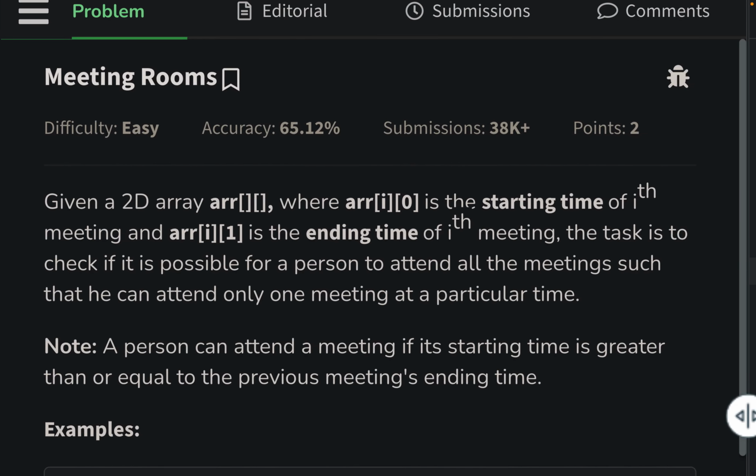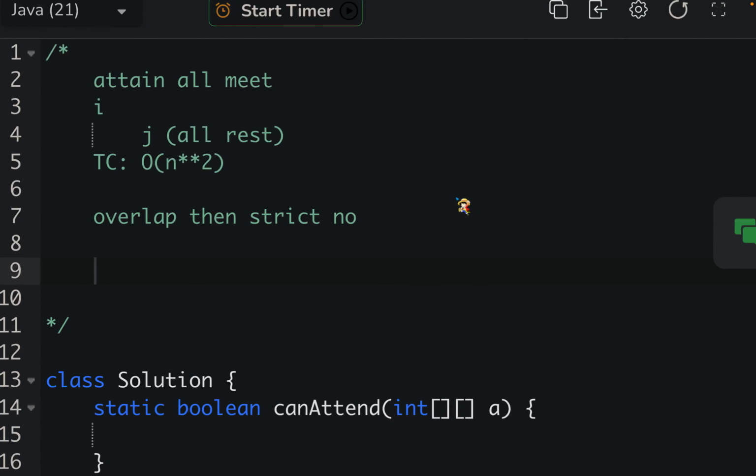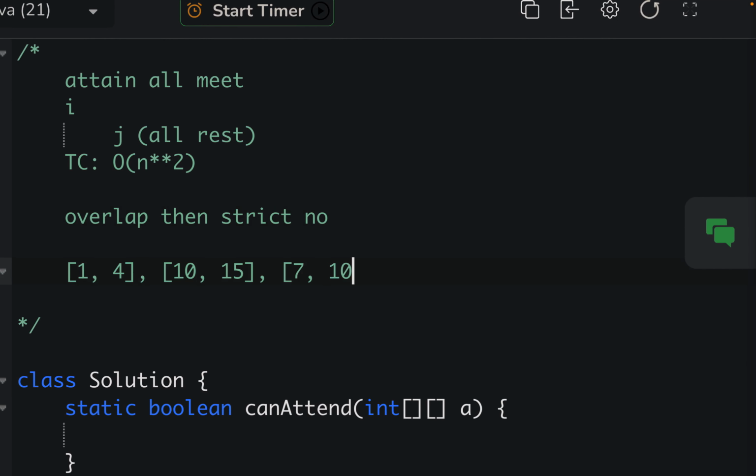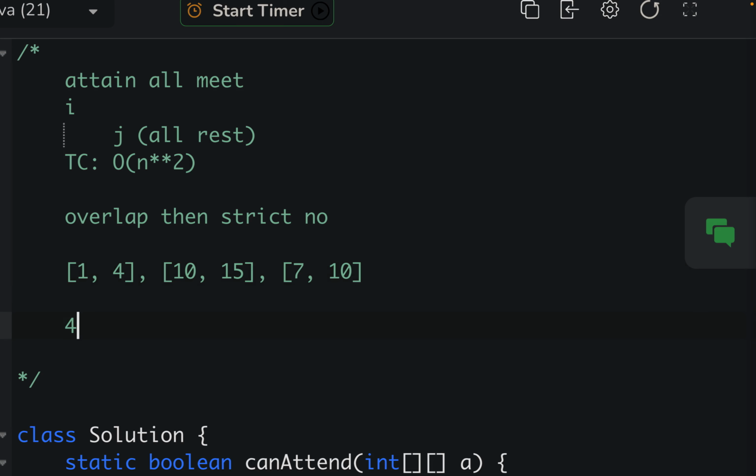So coming back to our example, we deduce that the person can first attend the meeting which will end at 4, then from 4 he can go ahead and attend the meeting from 7 to 10, and then go to 10 to 15, and 1 to 4.